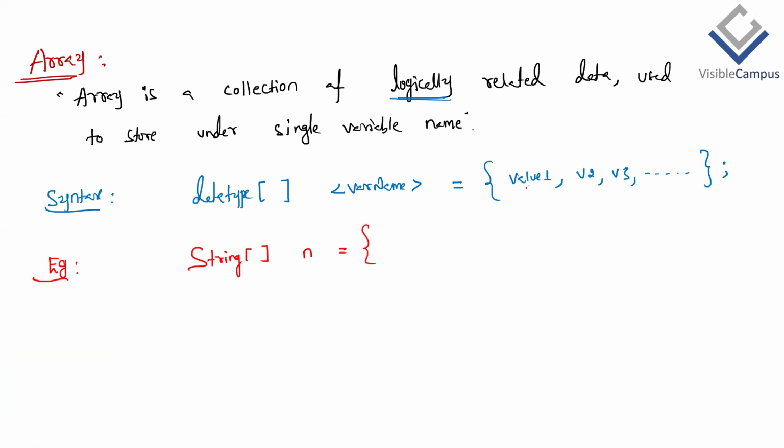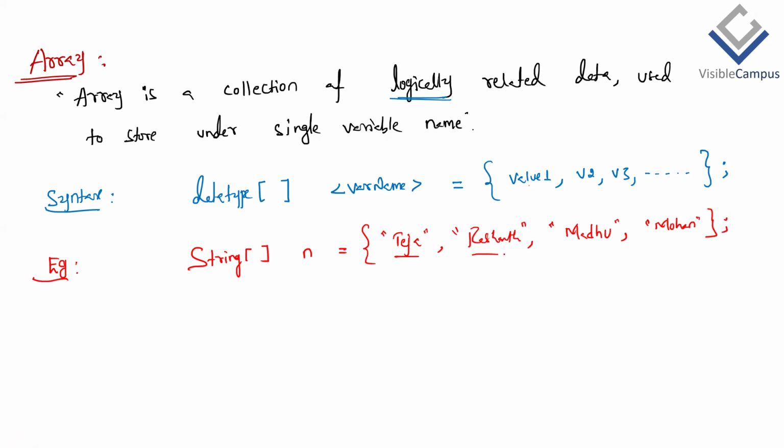What type of values are they? String values, so they must be in double quotes. Like Sai Teja, I'm writing Teja. Then Rashant. Next value, double quotes, string value. The next string value, double quotes, say Madhu. The next string value, say Mohan. That's it. This is my array.